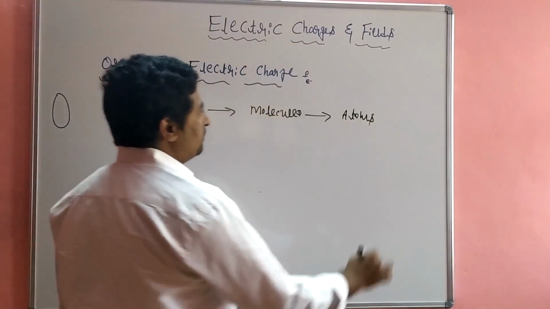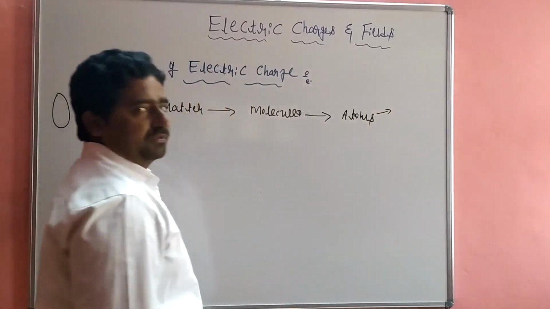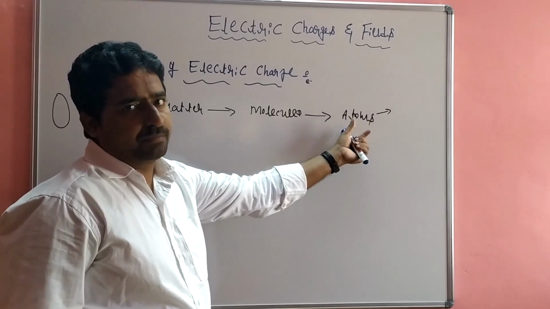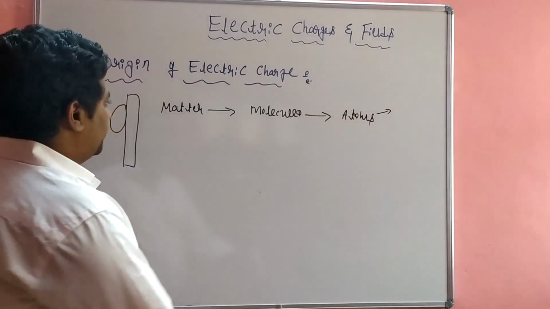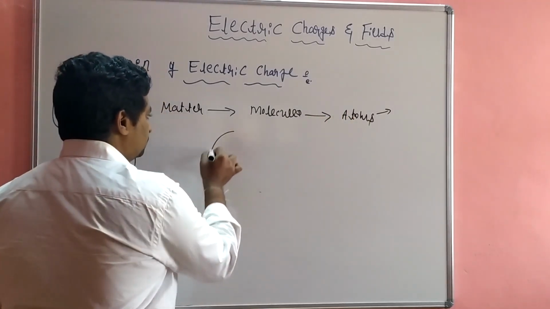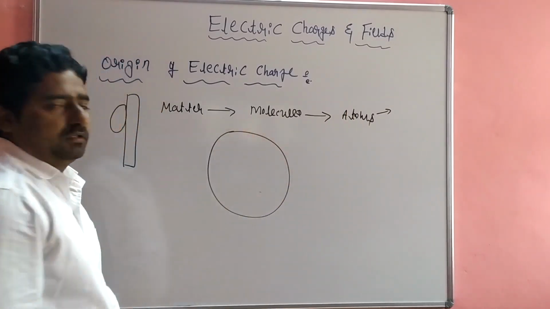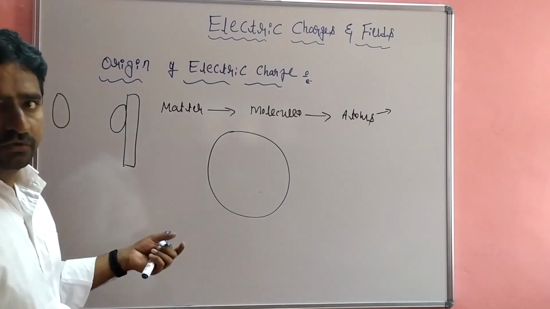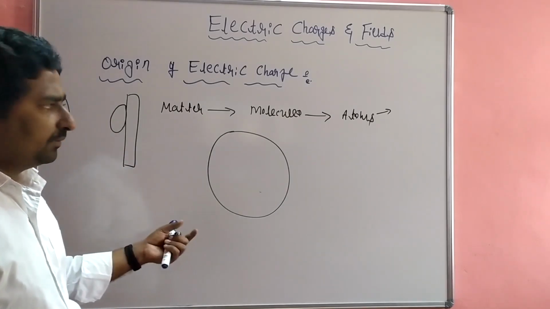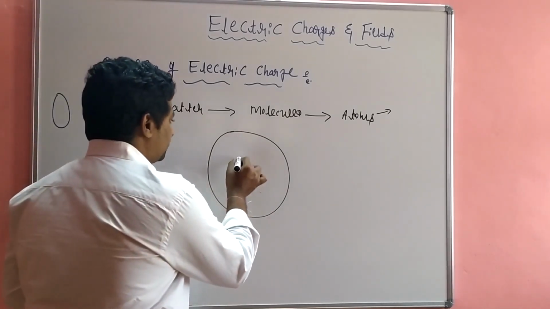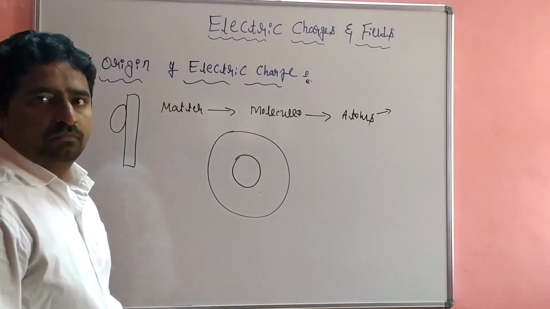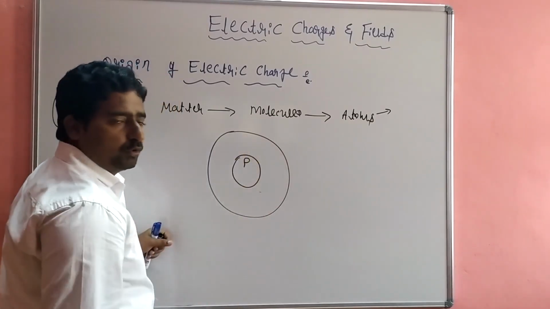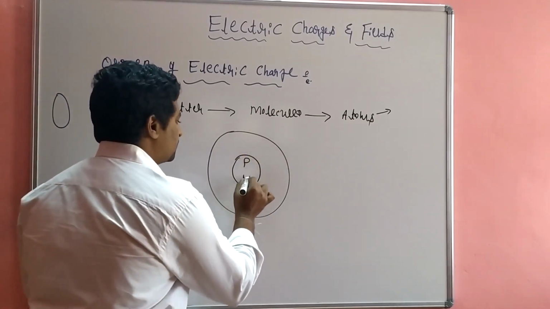So what do atoms mainly consist of? Let's see, the smallest indivisible particle, the atom. The major part is concentrated in the nucleus. The nucleus mainly consists of protons and neutrons.